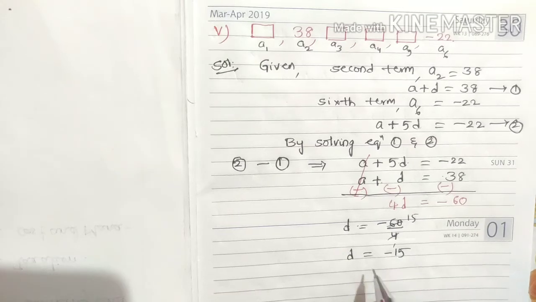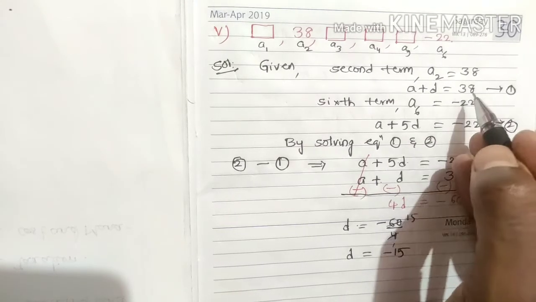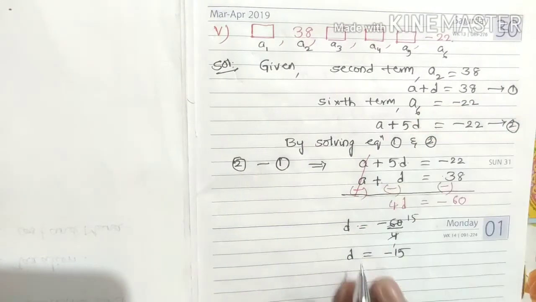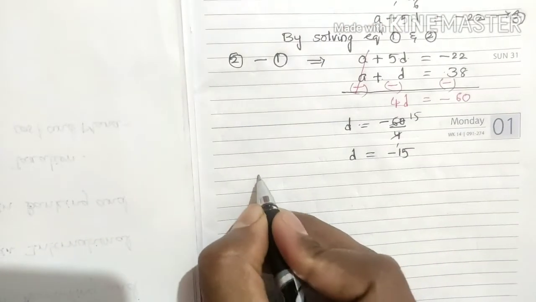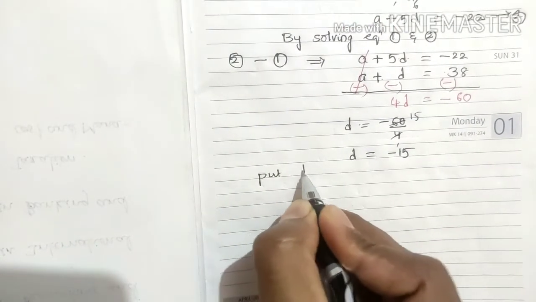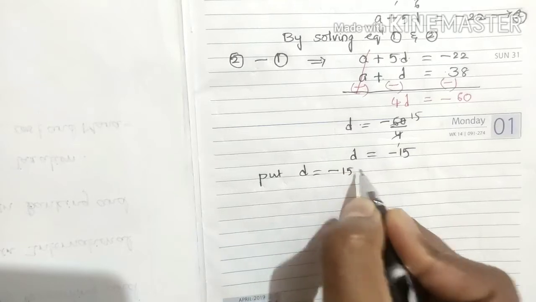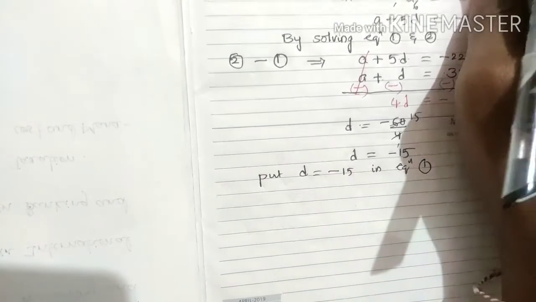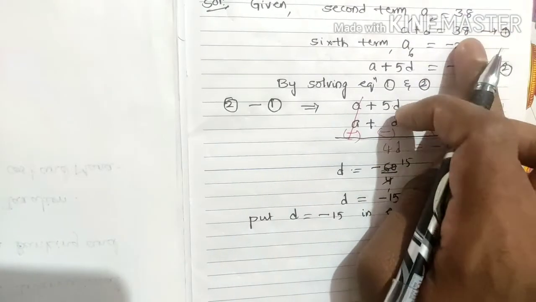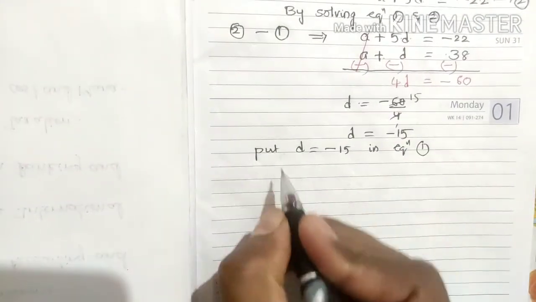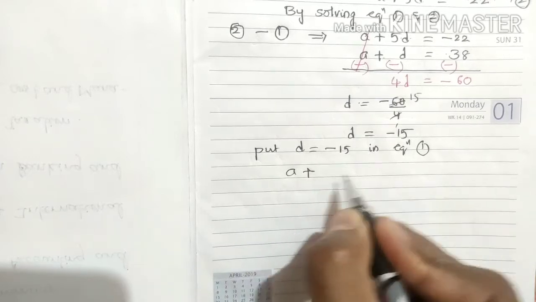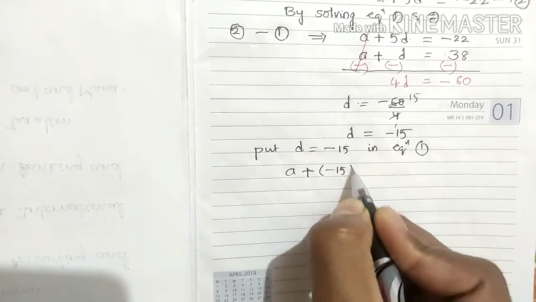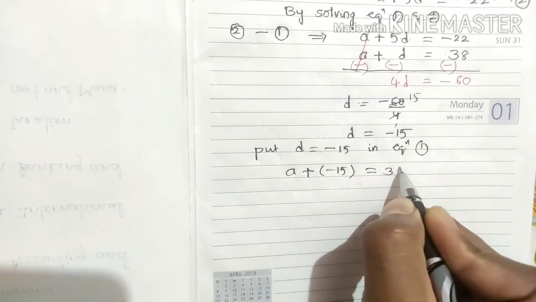Now what you have to do, substitute this D value in the first equation to get the value of A. Put D equals minus 15 in equation 1. What is equation 1 here? A plus D equals 38. A value plus D value, minus 15, gives 38.